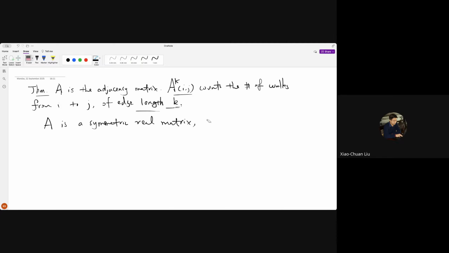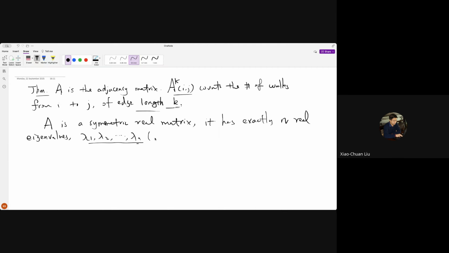actually in this case, I don't know if you have taken a course in linear algebra. It has exactly n real eigenvalues, maybe we call them lambda 1, lambda 2, up to lambda n. Here the lambdas could repeat.